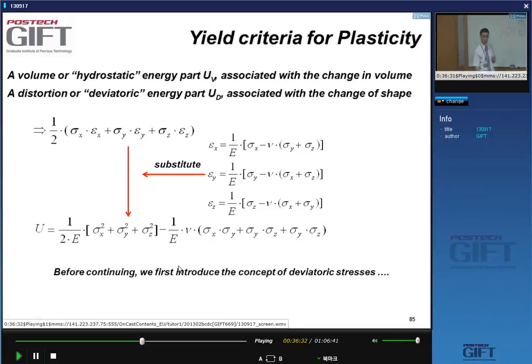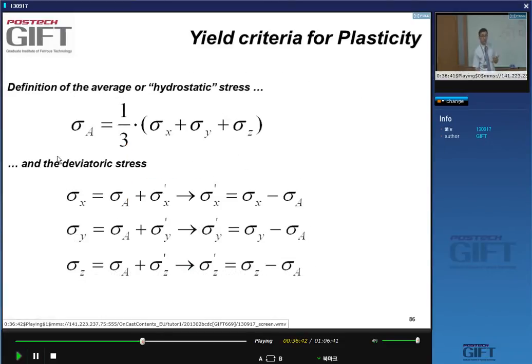So we're going to work further on this formula, but before we do this, we're going to introduce what we call deviatoric stresses. And to do this, we first start by defining a mean stress. The mean stress, or the average stress, is basically the sum of sigma x, sigma y, and sigma z divided by 3. A very reasonable way to define the mean.